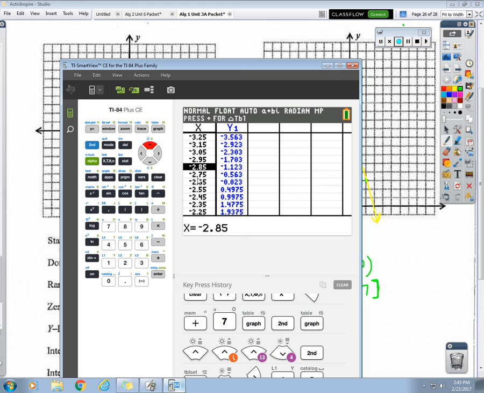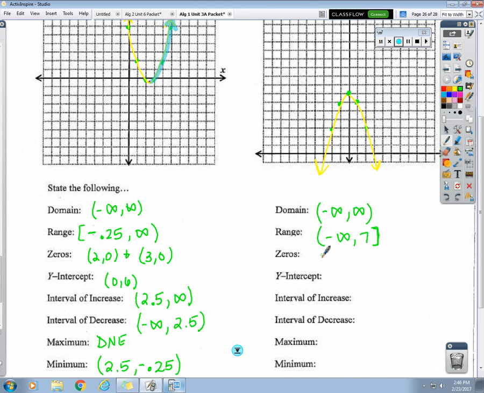So you can tell about where it would be, but we don't know for sure. Okay, yeah, it'd be very close to negative 2.65. So since this one's harder to find, we'll just write down that there are 2 zeros. And then think about it. With multiple choice, wouldn't you be able to make an educated guess where it's crossing the x-axis?